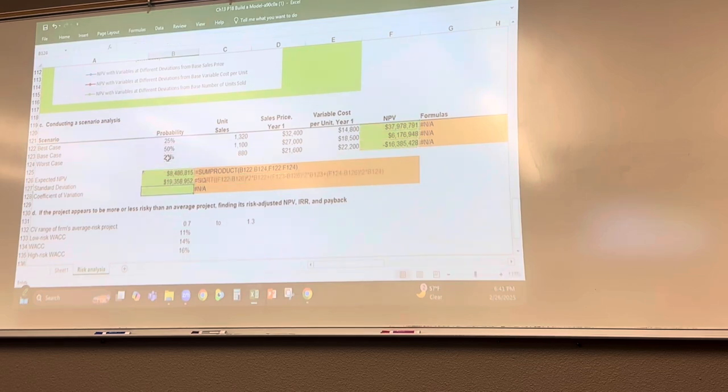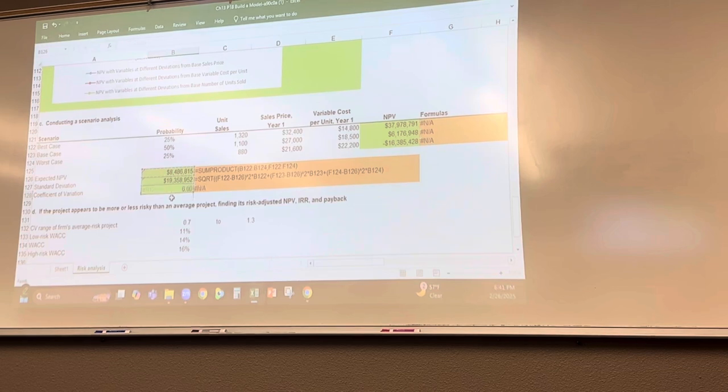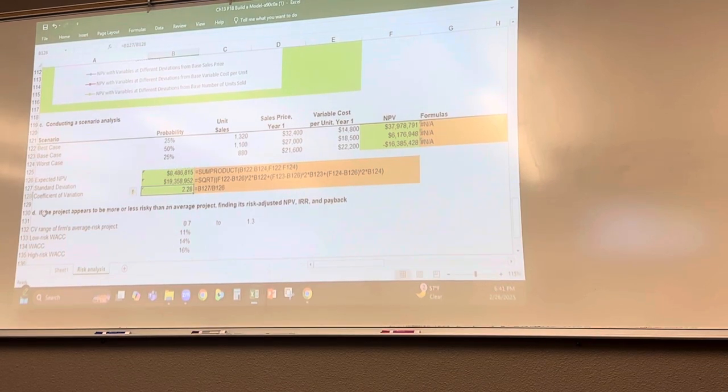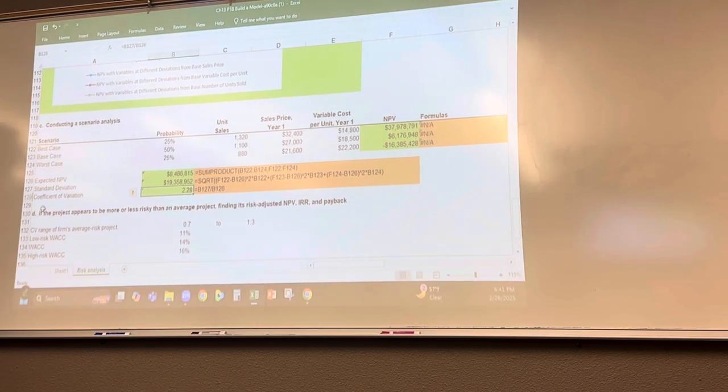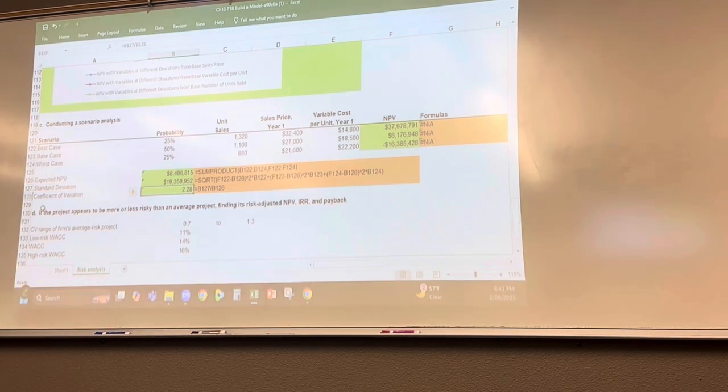Now we have a standard deviation, and the coefficient of variation. It's the same formula as from before. Coefficient of variation is just standard deviation over expected NPV, 2.28. In my scenario, I was told that a regular project is between 0.7 and 1.3.